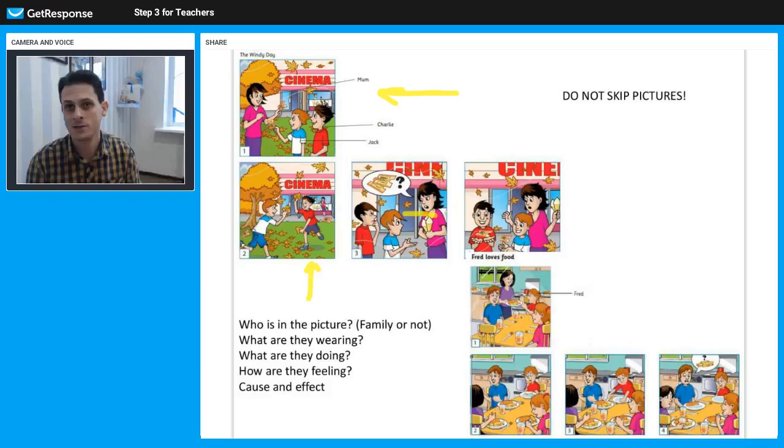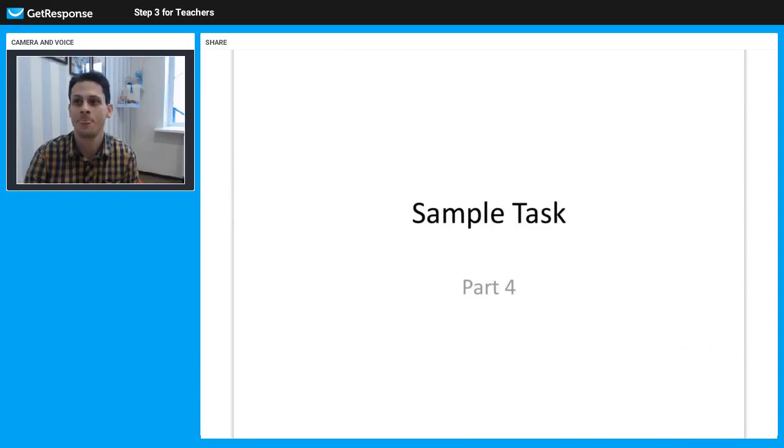It's not required, but it's preferred. So if the student can do it with past simple and past continuous, great. They have a chance to gain more points. If it's present simple and present continuous, that's perfectly okay. So there's no loss for no past answer.